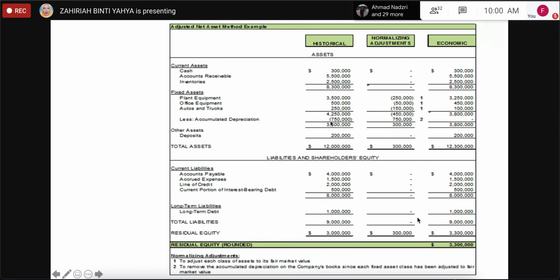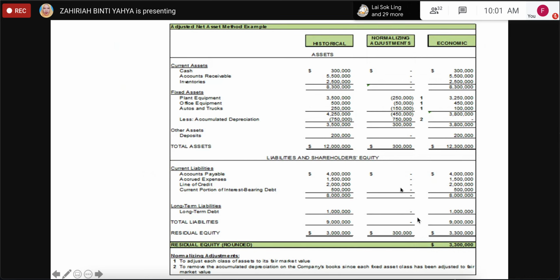Dia guna straight line ke apa, dia guna yang accumulated depreciation ke ya. So you tengok dalam tu akan ditolak ya untuk net tu, you dapat 3.5 million. Tapi pada kita as valuer, kita tak tolak macam ni. Kita just normalizekan daripada satu-satu ya. Kita tengok satu-satu and then we just add this one ya. The figure yang kita dah normalizekan. Okay. Ya.